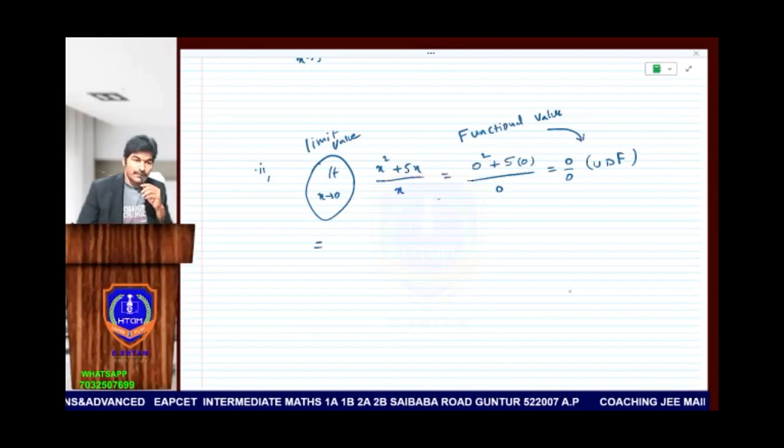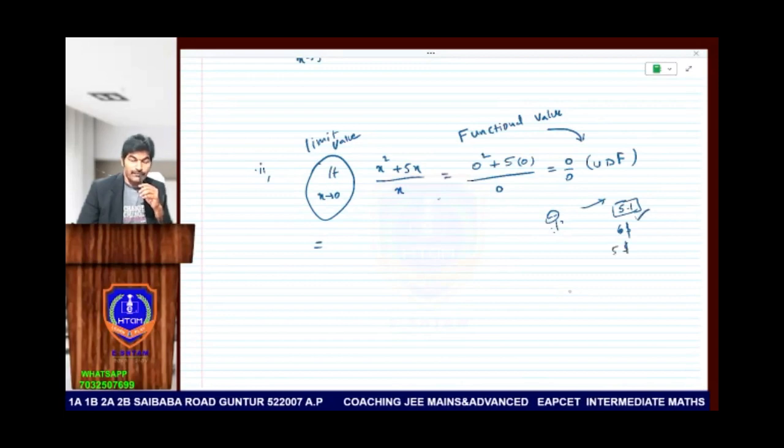For example, if you want to buy a chocolate, you went to some shopping mall, and the chocolate cost was $5.1. You can give $6 or you can give $5, but you cannot give $5.1, right?